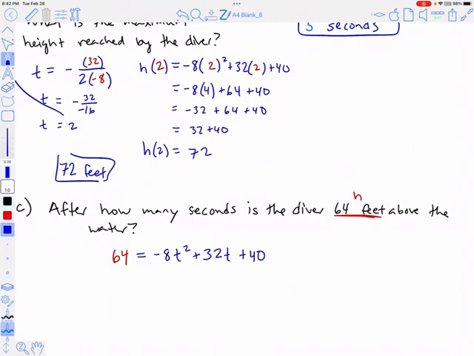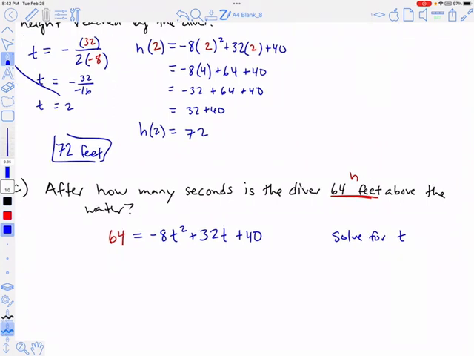So how do we go about solving this? Well, I'm going to subtract 64. We want to always get our quadratic equal to 0. And then I'm going to do the same thing I did on part A where I divided.